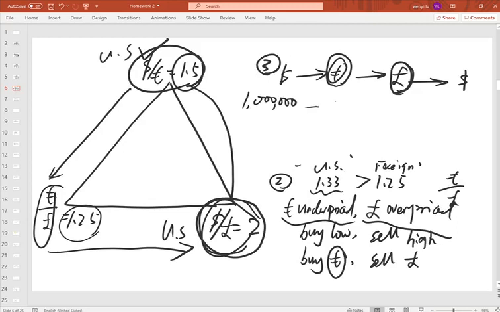So for $1 million we get euros here. How many euros? $1 million over 1.5, since it's $1.5 per euro. So we divide by 1.5 to get how many euros.